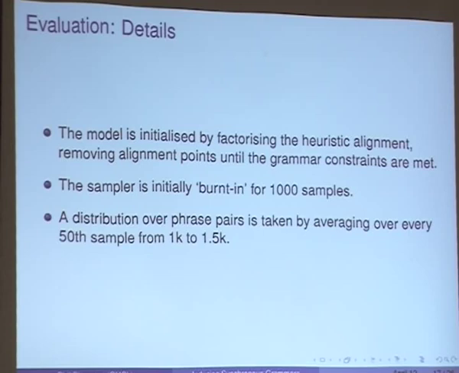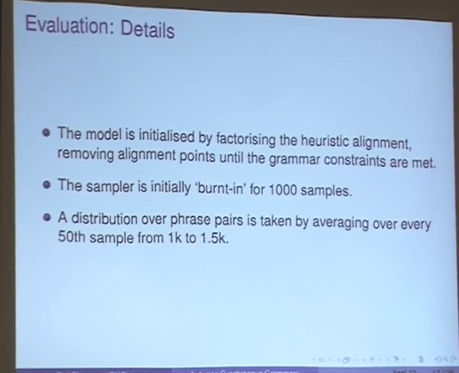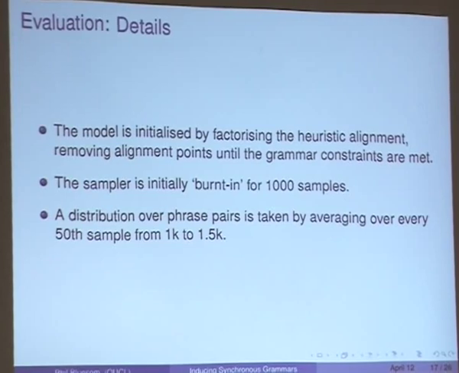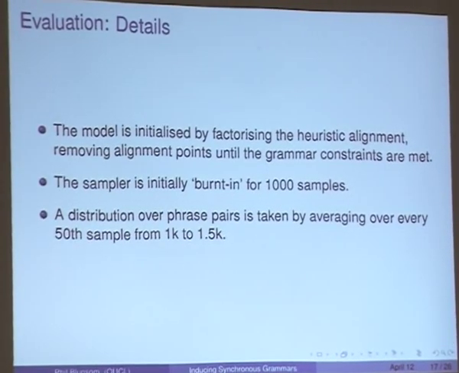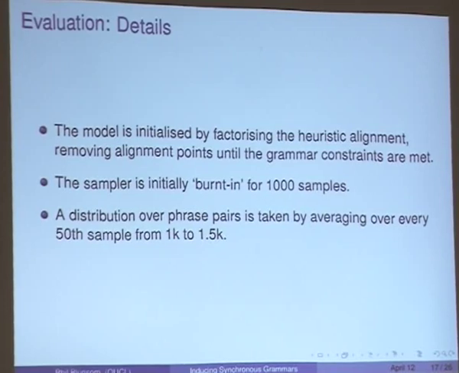Okay, so I'll quickly run through how we evaluated this model. What we do is first we need to start the model with a first derivation. So we take the output of an existing alignment model and then morph it into a binary branching tree. We then take about 1,000 samples, where a sample is a full pass through our corpus, and we call that a burn-in.